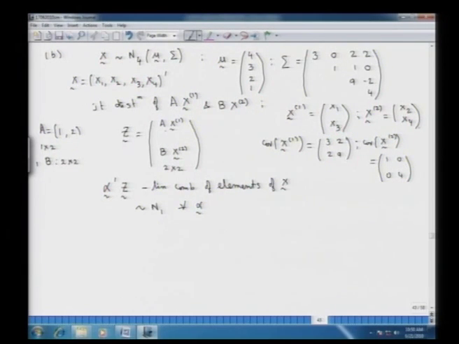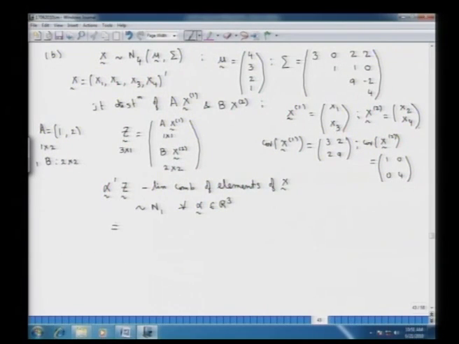And what about AX1? This is A multiplied by that 2-dimensional vector, so it is 1 by 1, a scalar random variate. So this Z is 3-dimensional, and hence the alpha we take for checking whether it is multivariate normal belongs to R to the power 3. So for every alpha belonging to R^3, alpha prime Z, a linear combination of the elements of the original 4-dimensional x vector, is going to be N1.